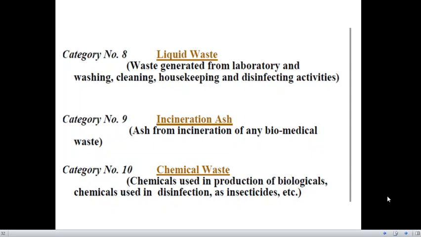Number 9 is the incineration ash generated from incineration of any biomedical waste. And lastly, we have chemical waste. Chemicals used in the production of biologicals, and chemicals used in disinfection such as insecticides, pesticides, etc. are included in chemical waste.